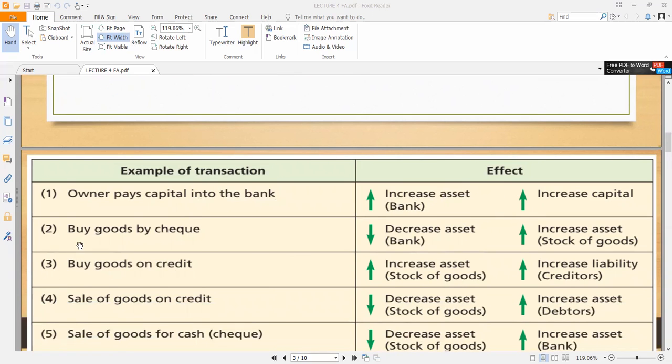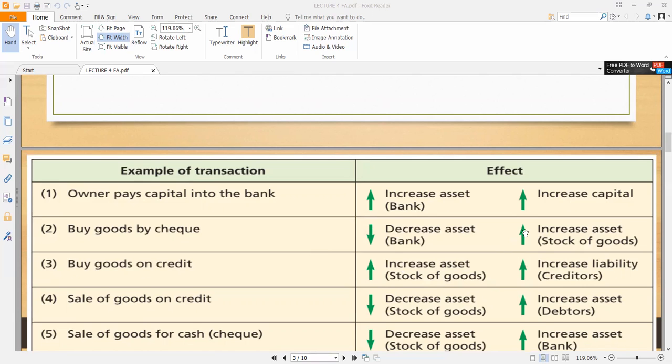Secondly, when the business buys goods by check, we were able to see that after the business bought some goods, the money at the bank decreased, which resulted in the increase in stock.